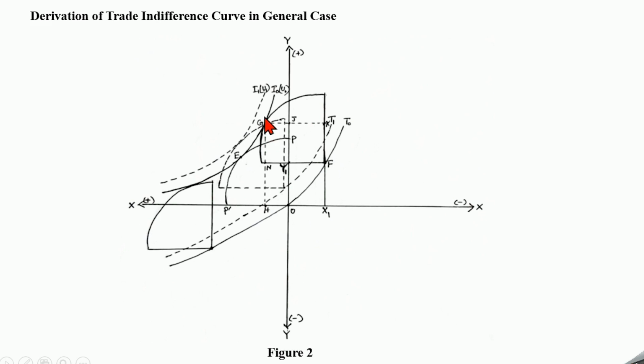Therefore, their slopes are the same at point G, and the slope of the trade indifference curve at point F is also the same as the slope of the production possibility frontier and I0 community indifference curve at point G.